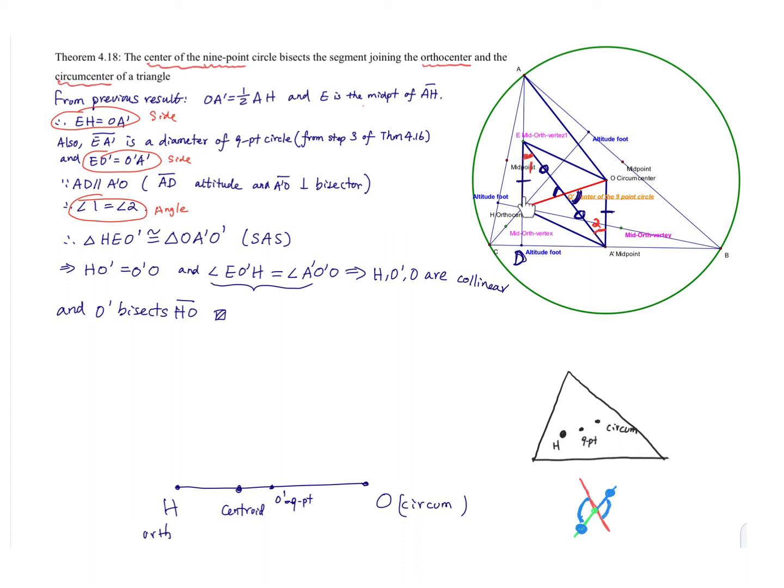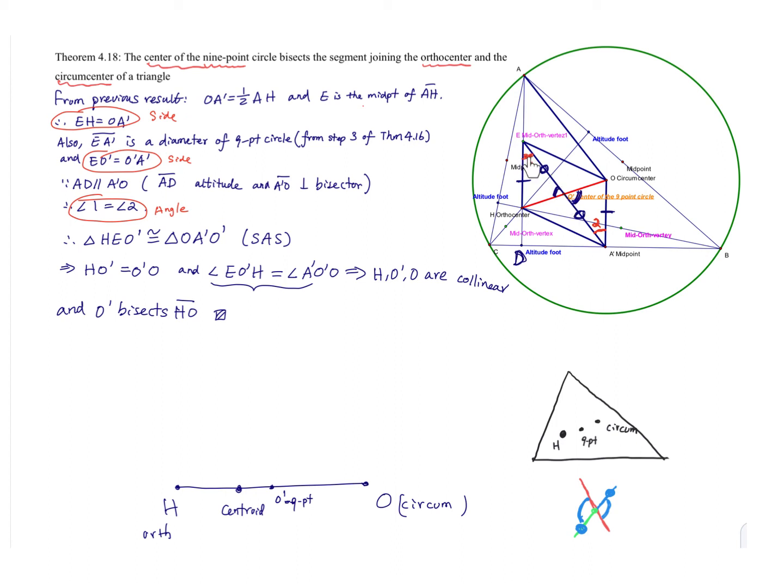Now let's look at these two triangles, HEO' and OA'O'. These two triangles are congruent by side-angle-side. We already proved that this side, OA', is equal to this side, EH. We also proved that EO' and O'A' are equal because O' is the center of the diameter.